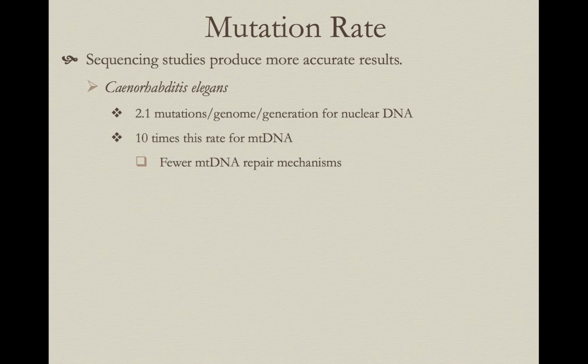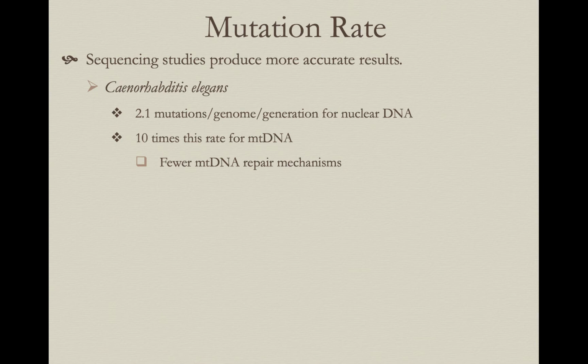So another approach is to sequence gametes and to get a more accurate result of when and where you see DNA changes. This has been done in the roundworm Caenorhabditis elegans, C. elegans, and it's estimated that there are 2.1 mutations per genome per generation for the nuclear DNA. Now, remember, there are different types of DNA.